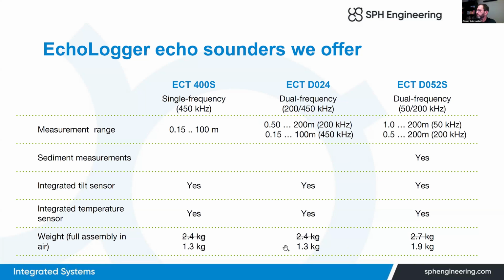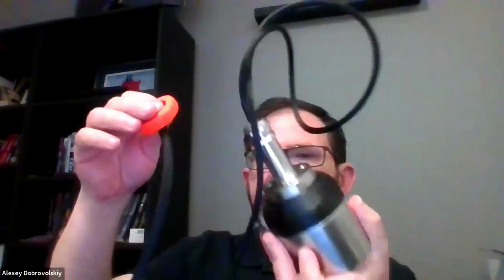What I mean by full sensor assembly is the sensor, cable, and all the stuff required to attach the sensor to the drone. The full system kit is approximately 6 grams more, because those numbers, 1.3 kilograms or 1.9 kilograms, are without the onboard computer, altimeter, and cables on the drone. So it is the weight of the sensor.